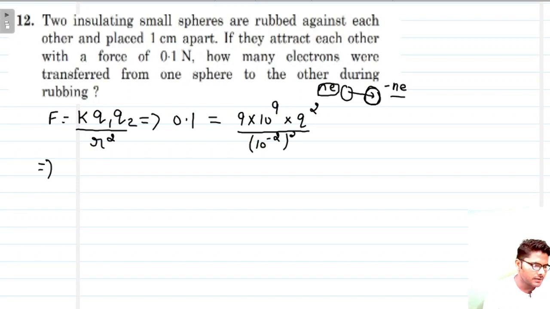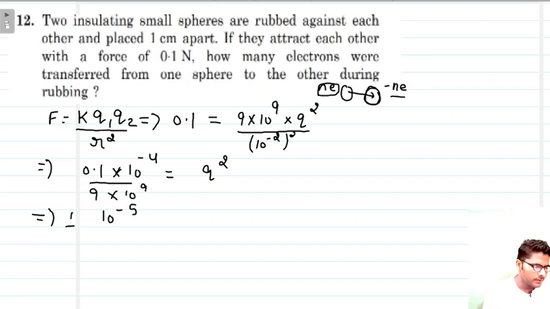So you will get 0.1 into 10 raised to power minus 4, when you cross multiply them, and 9 into 10 raised to power 9 q squared. So 10 raised to power minus 5 times 1 over 9 into 10 raised to power minus 9 equals q squared.